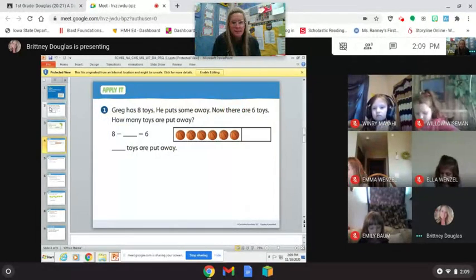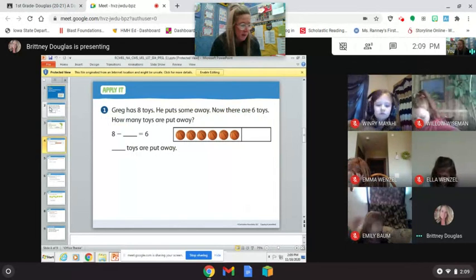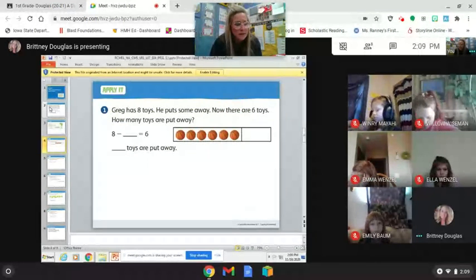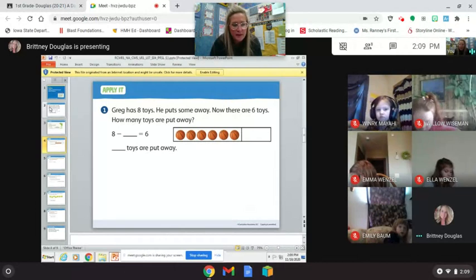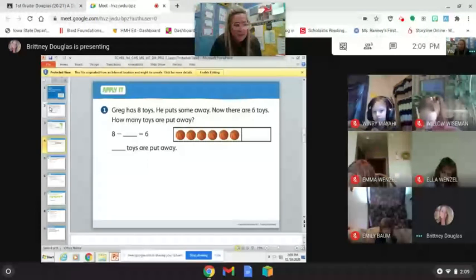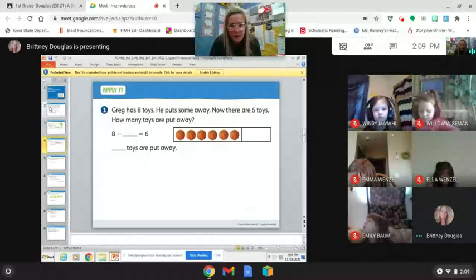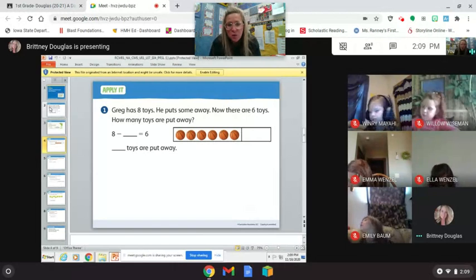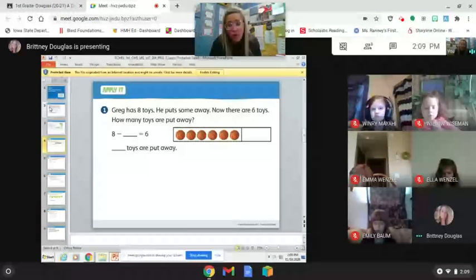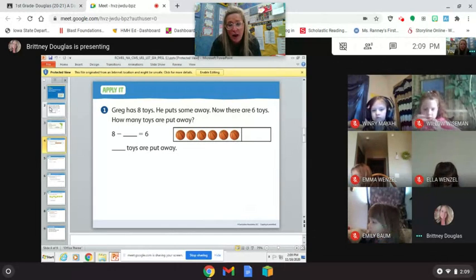This is number 1. This is right under the frog problem. Now we have basketballs. It says Greg has 8 toys. He puts some away. Now there are 6 toys. How many toys are put away? So he had 8 toys total. He put some away, and we don't know how many, but now there's only 6 toys out. So how many would he have had to put away?